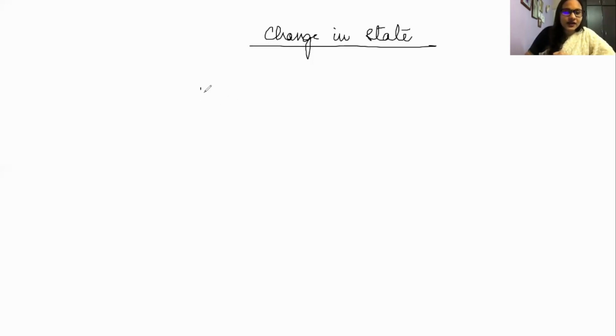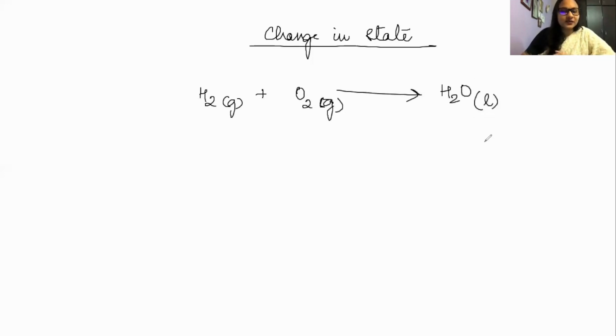Hydrogen gas reacts with oxygen gas to form H2O. The water which is formed is present in liquid state at room temperature. So this is the reaction. You can clearly see that the reactants are present in the gaseous state, and the product is present in a different state, which is liquid.